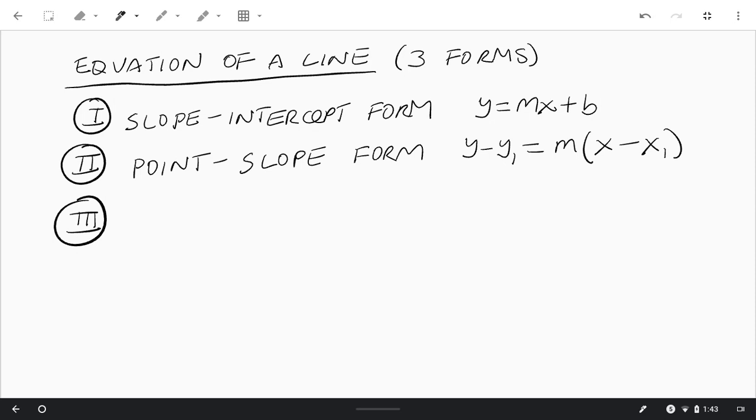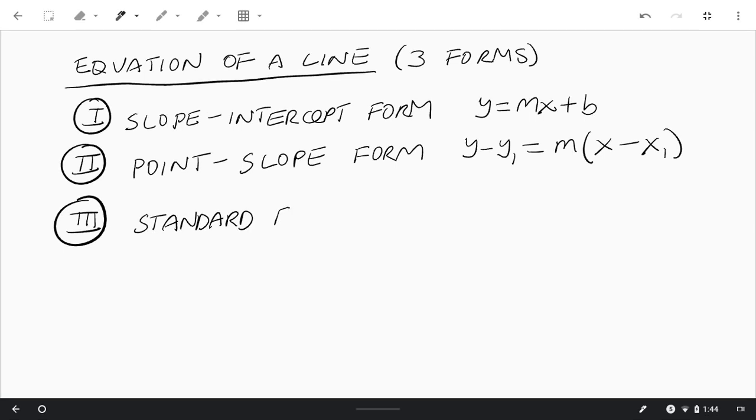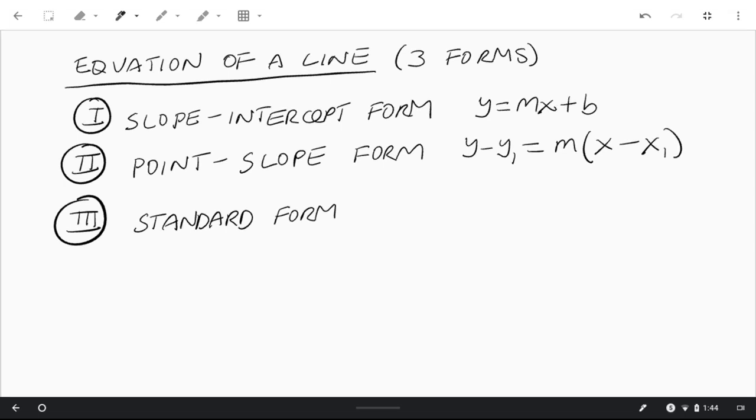The third form is standard form. Standard form, like that last example, the original problem, the one that we ended up rewriting.